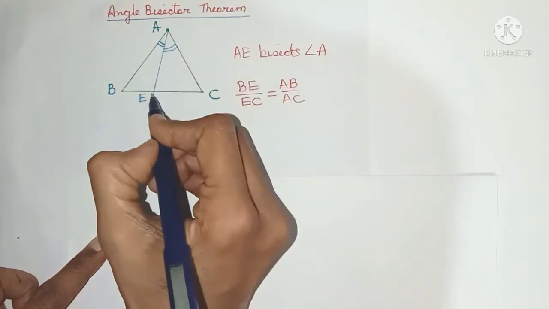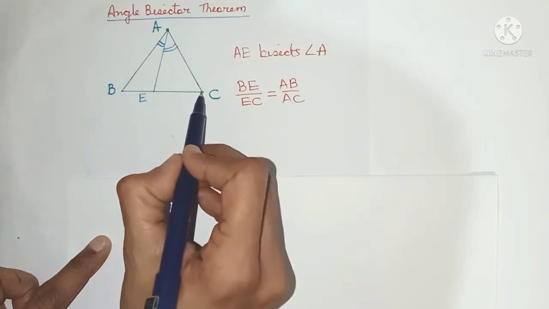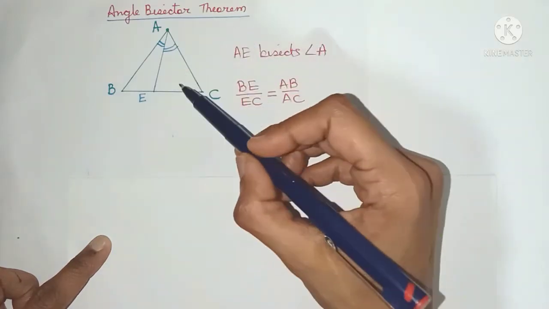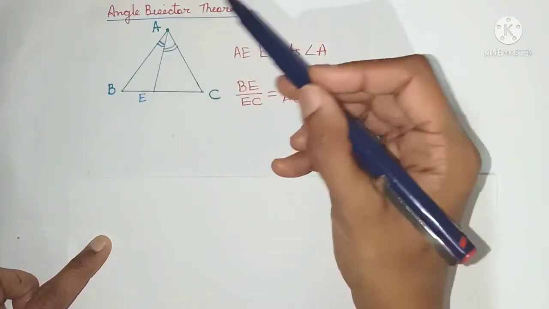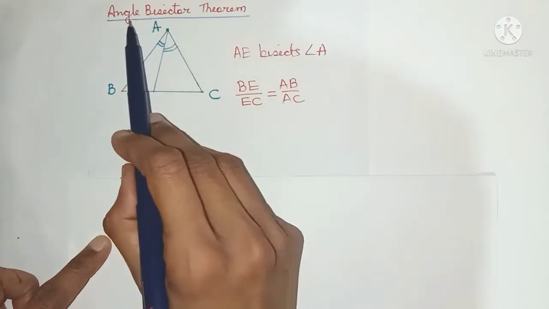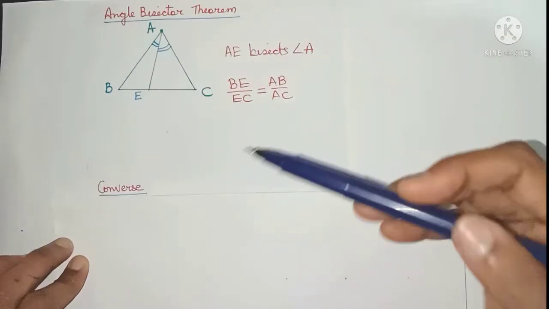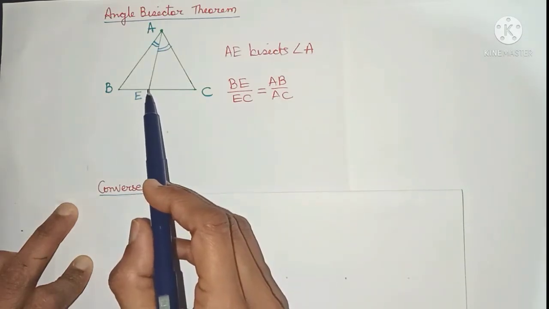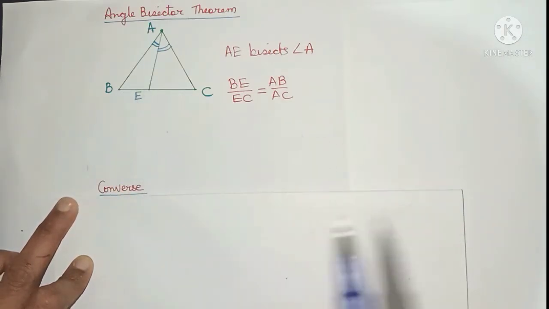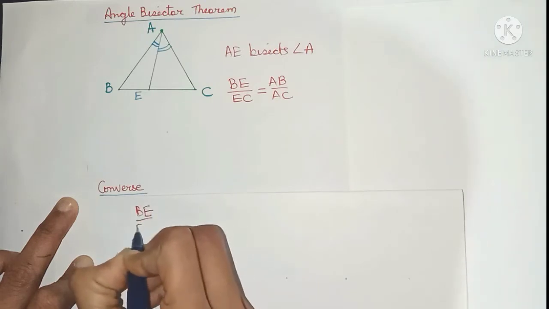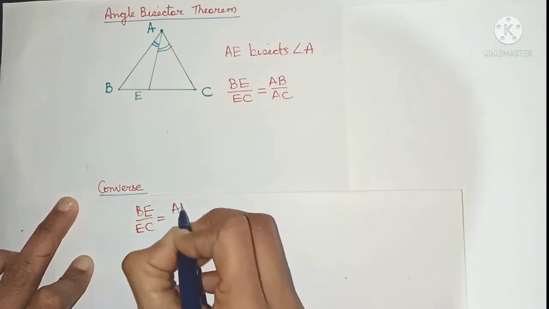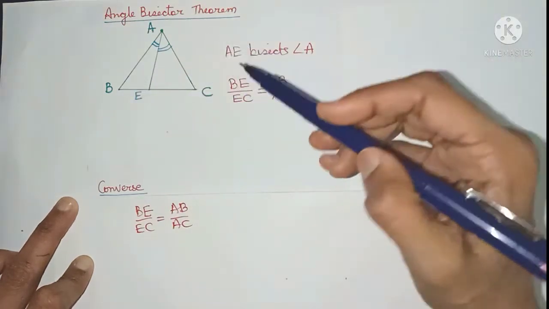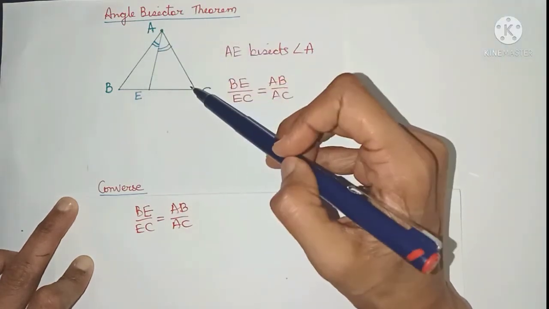So this bisector divides the opposite side in the ratio of the remaining two sides. Because we are talking about the bisector of an angle, this theorem is known as the angle bisector theorem. Now the converse of the angle bisector theorem states that if you have a point E on this side BC such that BE upon EC is equal to AB upon AC, just have a look, friends, the ratio of the other two sides.